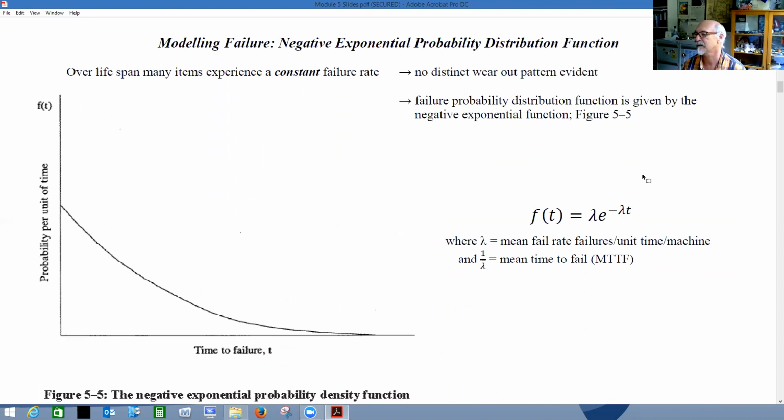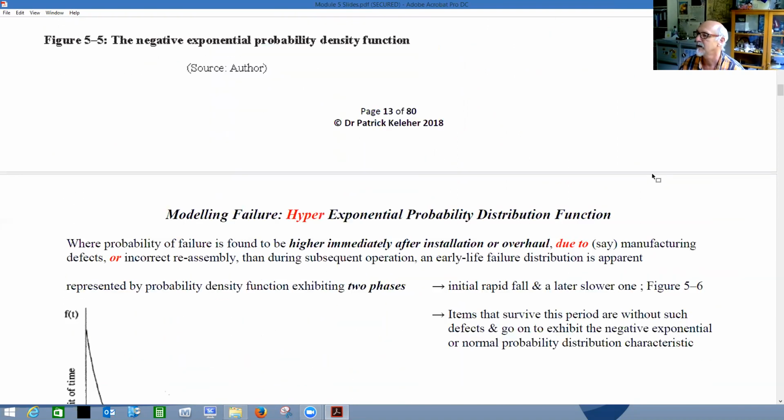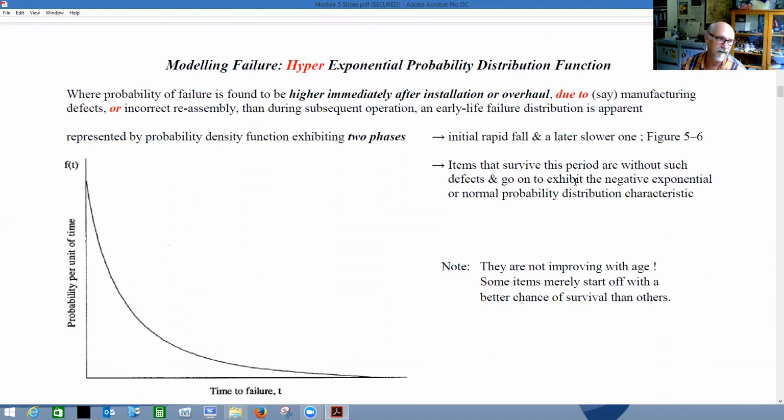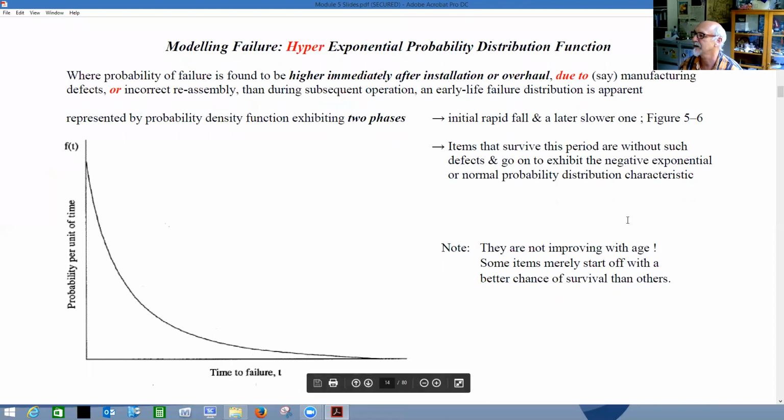It looks like this, so you get this exponential decay occurring, and then you can use that to find the mean time to failure. So it's just another model. And you can get a hyper exponential probability distribution. So again, you're getting a lot of very quick failing or situation occurring. So you get that exponential decay occurring.